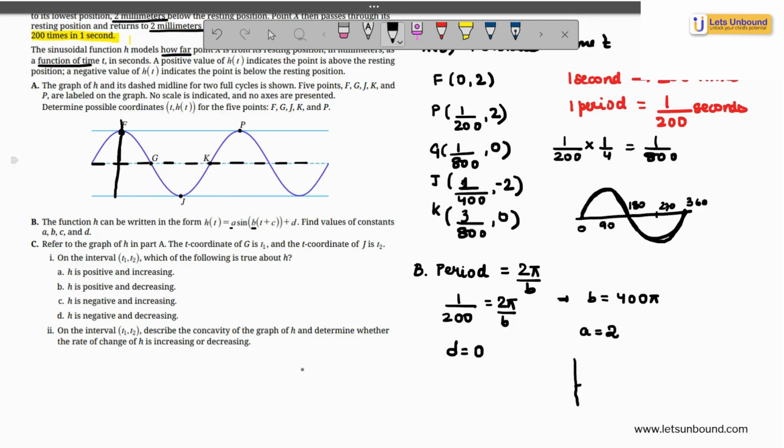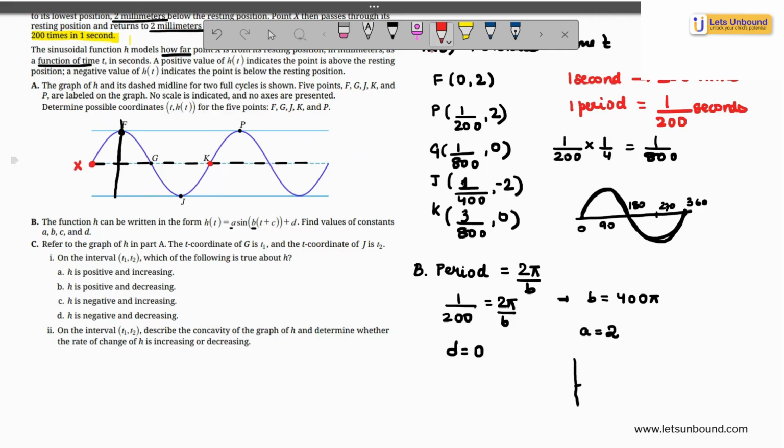So we assume that the starting point of this sine function, had it been a cos function, would have fit perfectly. But because it's a sine function, it starts from here. Amplitude and period are not going to change, but this point, let me label it as, let's say, the x point. So x to k would be assumed as 1 period.